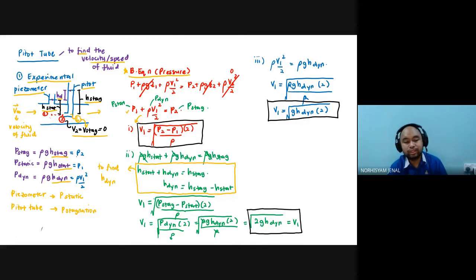So instead of using P2 and P1, we use P stagnation minus P static, and then we have P dynamic, which we can write as rho g h dynamic. And we get the equation for V1, this is equation number 2: V1 equals the square root of 2 times g times h dynamic.